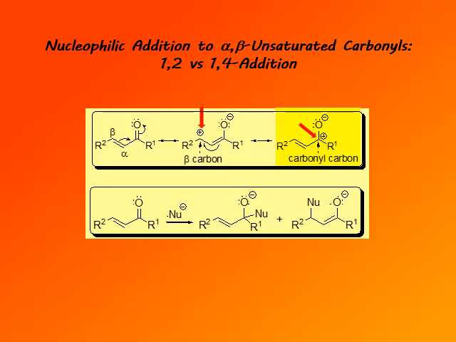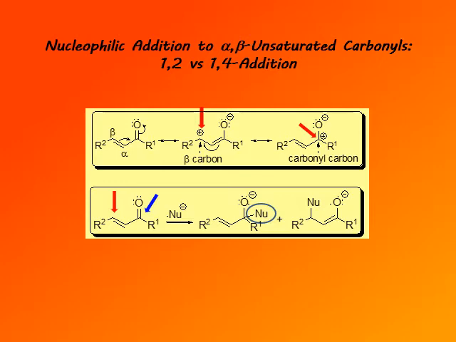The carbonyl carbon is atom 2 of the enone system, and the beta carbon is atom 4. So reaction with a nucleophile proceeds in such a way that the nucleophile could end up attached to carbon 2 or carbon 4, shown here with red and blue arrows.